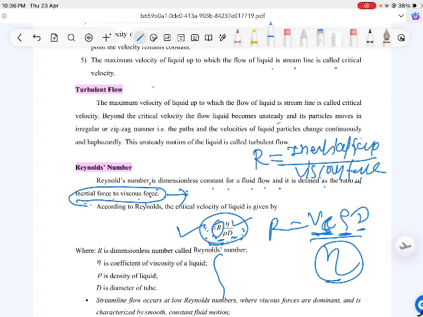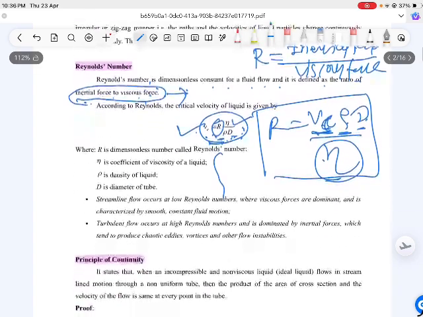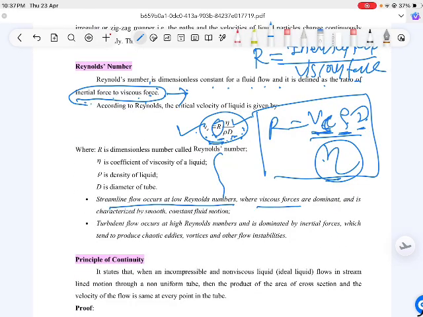Keep R on one side and rho d on the other side. So V rho d / eta is the formula for the Reynolds number R. Streamline flow occurs at low Reynolds numbers where viscous forces are dominant, characterized by smooth, constant fluid motion. Streamline flow has a low value of Reynolds number, but turbulent flow has a value greater than 2000.